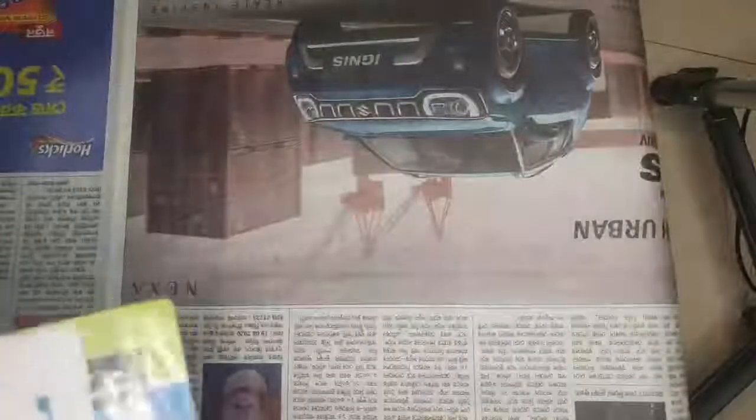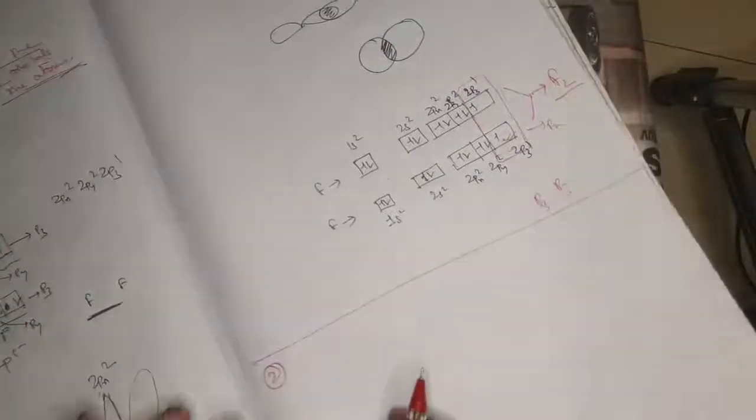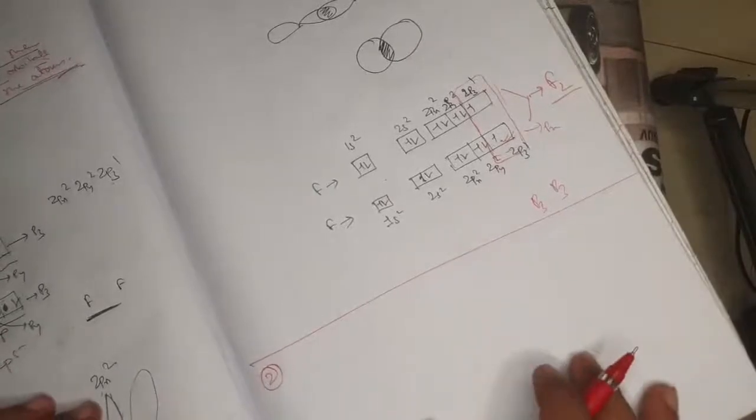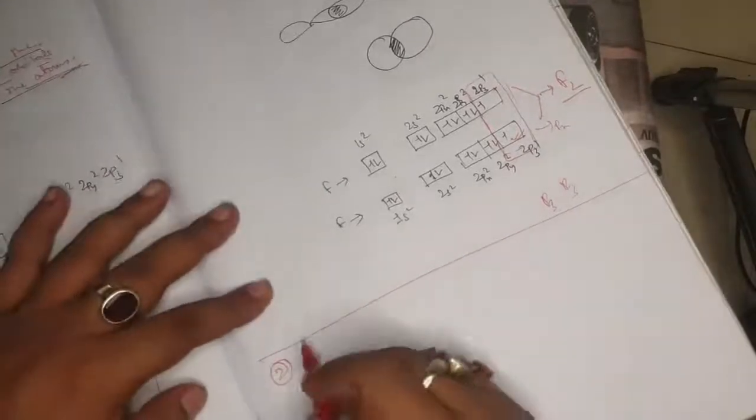Okay, let us go into the second point. The second point is that the orbitals undergoing overlapping must have electrons with opposite spins.